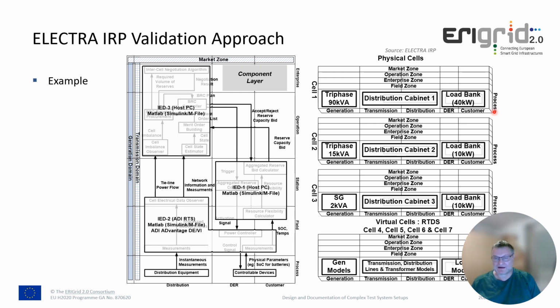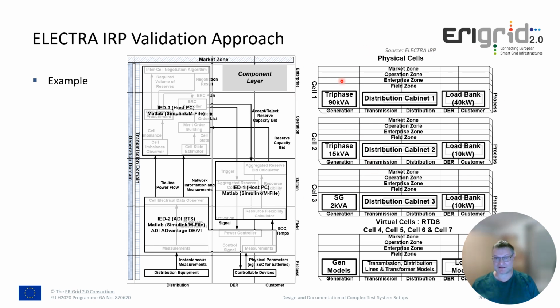On the right-hand side, you see also the physical cells, which have been emulated in a laboratory context with different power sources. You see here the generation side, then the distribution cabinets and some load banks.